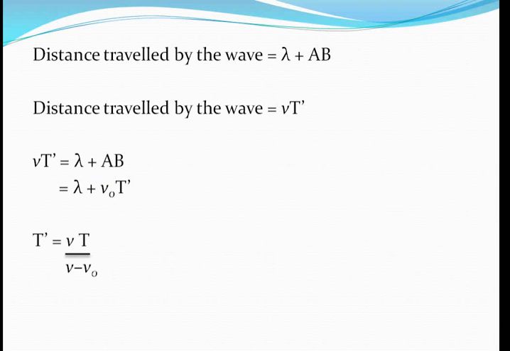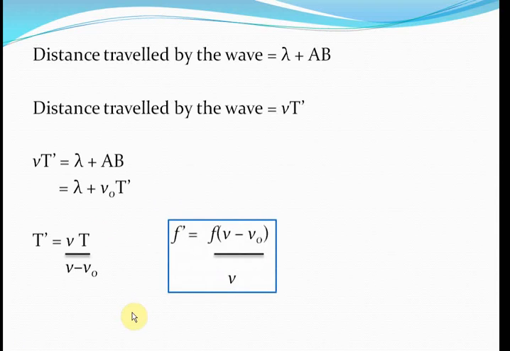Lambda itself is equal to V into t, where t is the actual time period of the wave, isn't it? Therefore, substituting V into t for lambda, we get the new time period that is detected by the observer as V into t divided by V minus VO.